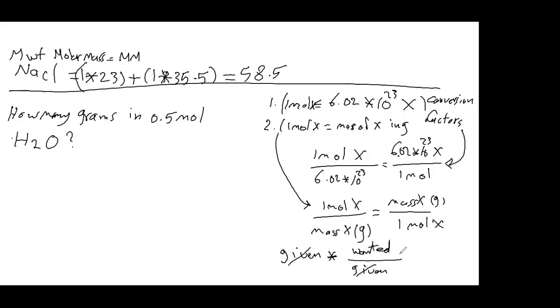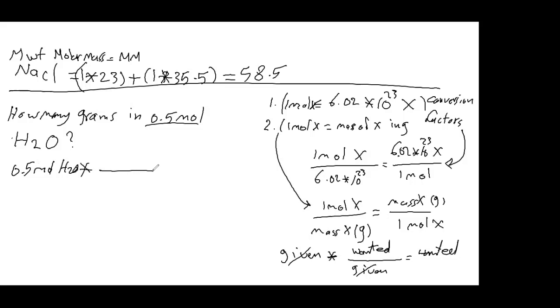Sometimes we have to use one factor, sometimes more than one factor. But always start with the given information. I have 0.5 mole H2O, and of course, times the factor. They are asking how many grams, the mass of H2O.